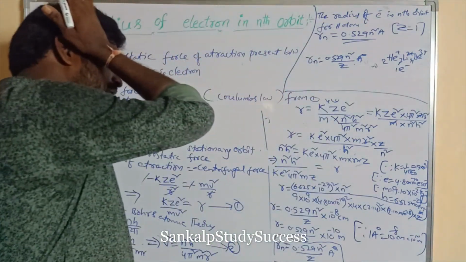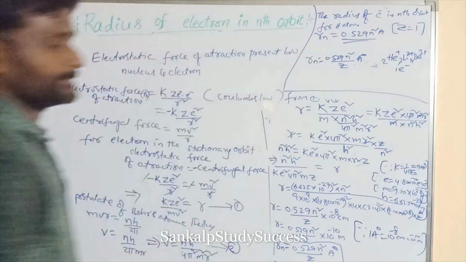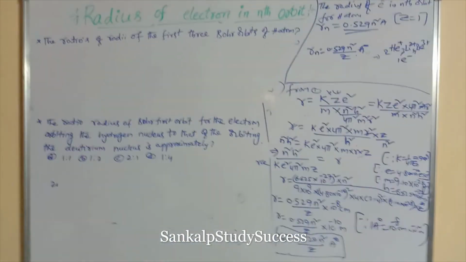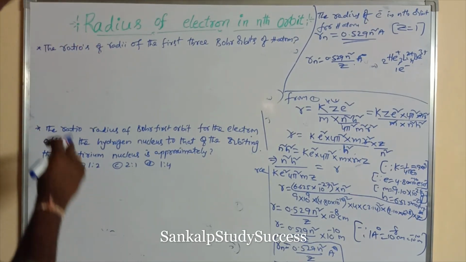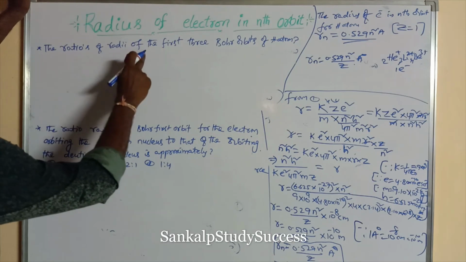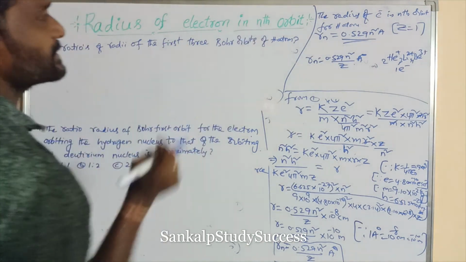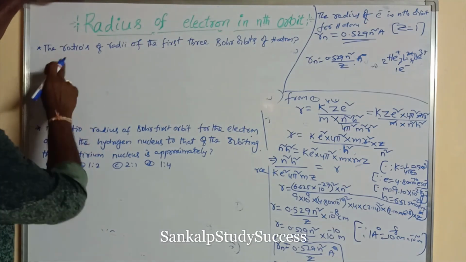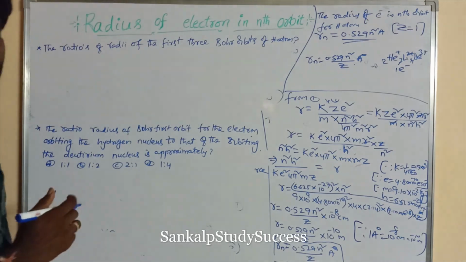Now I am going to explain one sum on this concept. Please observe this sum. The ratio of radii of the first three Bohr orbits of hydrogen atom.